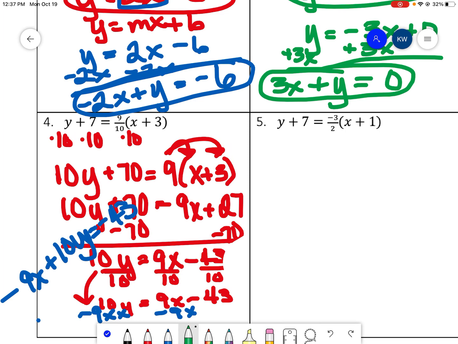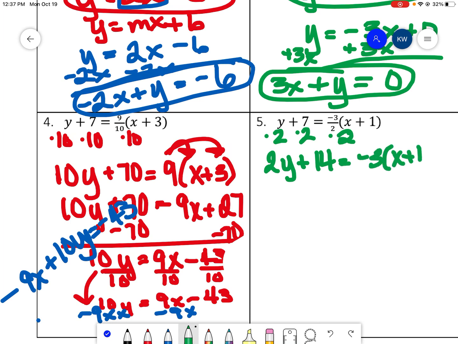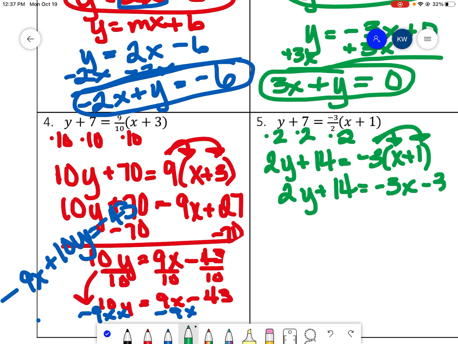So again, we multiply everything by the denominator. So we're multiplying by 2, by 2, by 2. So that's 2y plus 14 is equal to negative 3 times x plus 1. You distribute. 2y plus 14 is equal to negative 3x minus 3.